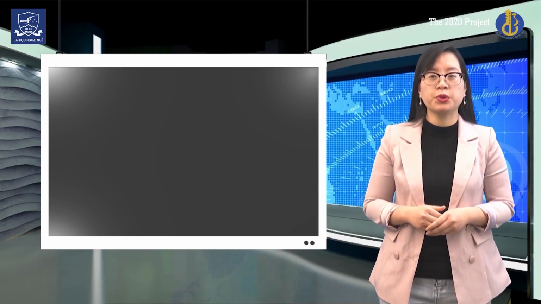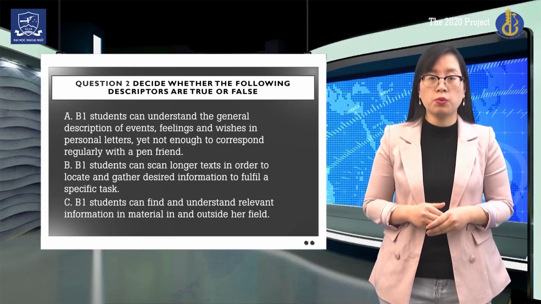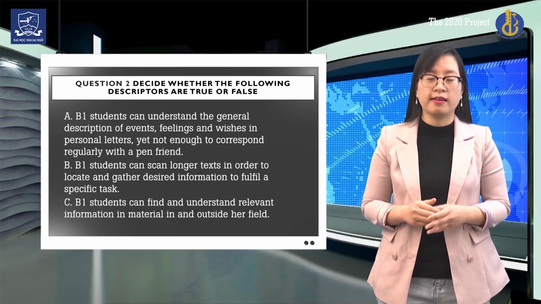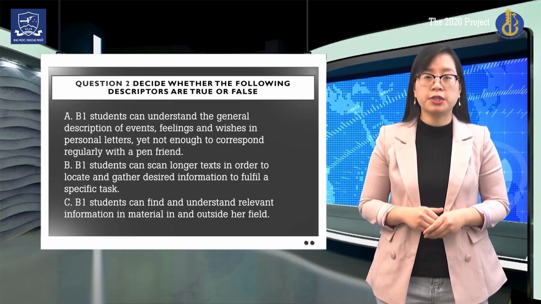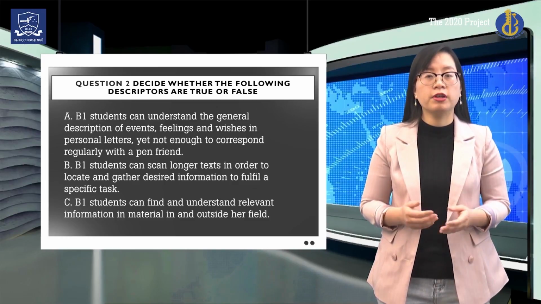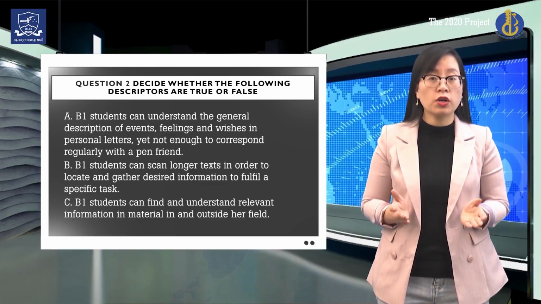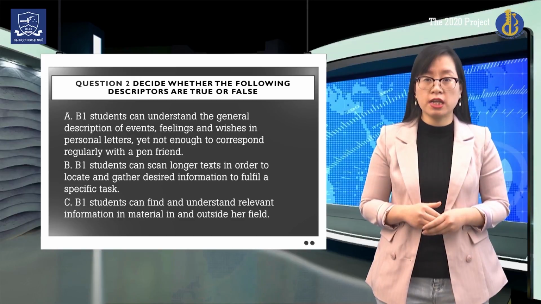Let's move on to question 2. Decide whether the following statements are true or false. A. B1 students can understand general description of events, feelings, and wishes in personal letters, yet not enough to correspond regularly with a pen friend.